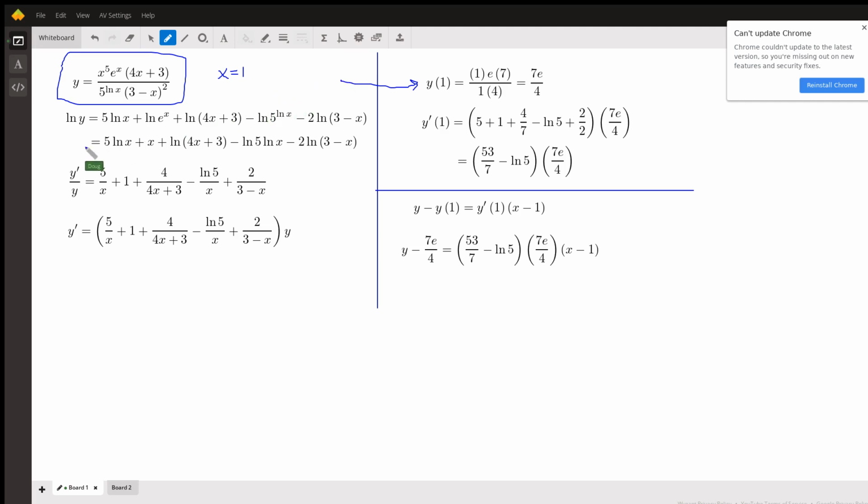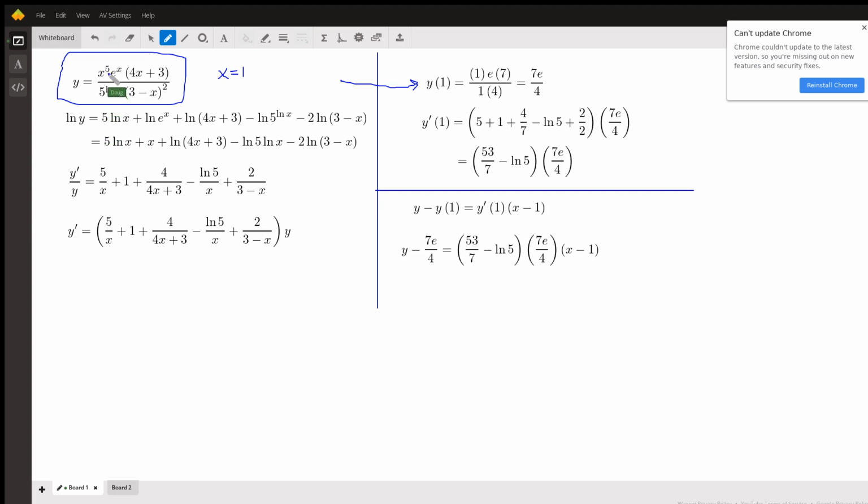But to find the derivative of y using logarithmic differentiation, we're taking the natural log of both sides, and we're exploding this expression, which consists of products and quotients, into separate terms using the properties of logarithms.